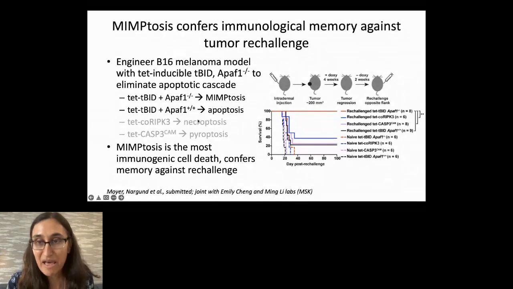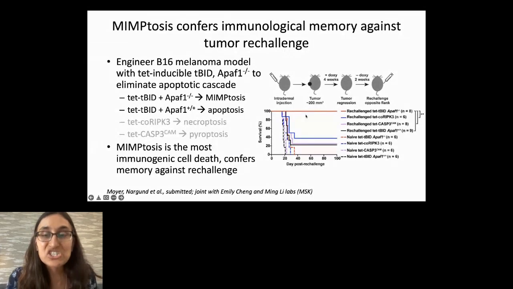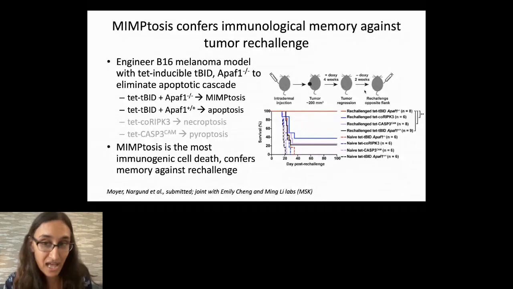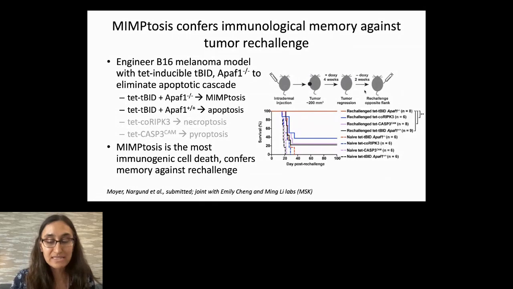In the presence of APAF1, you get apoptosis. All right. So in this experiment, this is a re-challenge experiment. So you inject the engineered B16 cells, you let the tumor grow, then you give dox, the tumor regresses, you have these different cell death mechanisms, and then you inject the B16 cells on the other side, and you see, is there a memory response, okay?